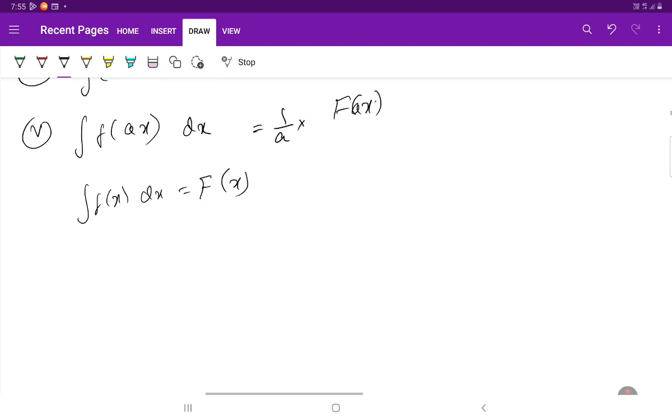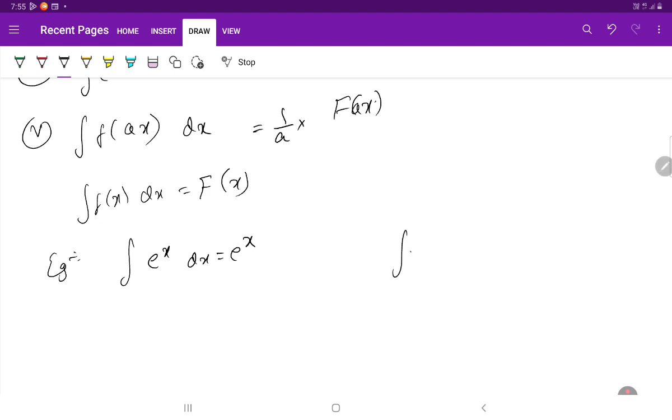Suppose you have an example: integration of e to the power x dx is equal to e to the power x. I'm not writing the plus c just for convenience. In mathematics you may need it, but in physics don't write plus c for now.